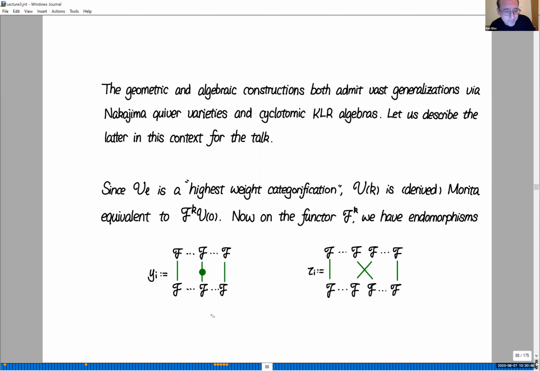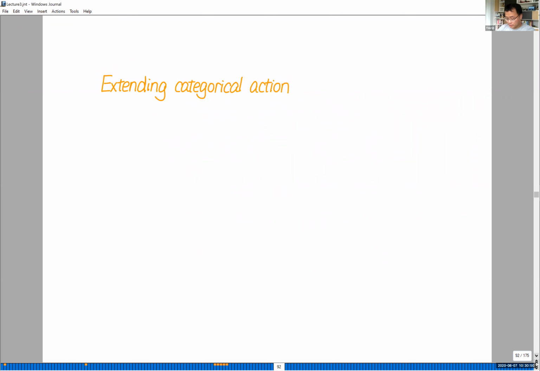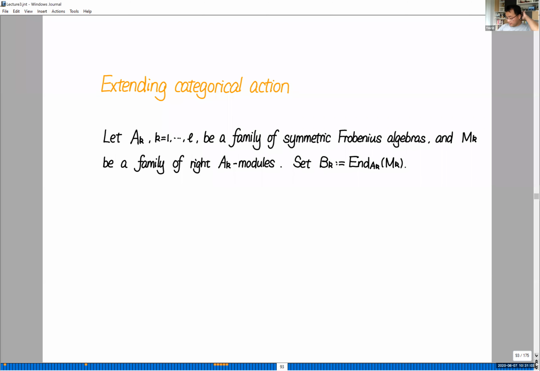Let's begin. Thank you for the questions. And so now let's come to how we can try to extend this beautiful picture by previous constructions, either geometric or algebraic. So let's simplify the situation a little bit. Suppose we're given a family of symmetric Frobenius algebras.